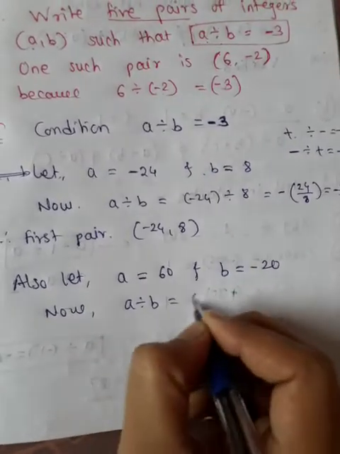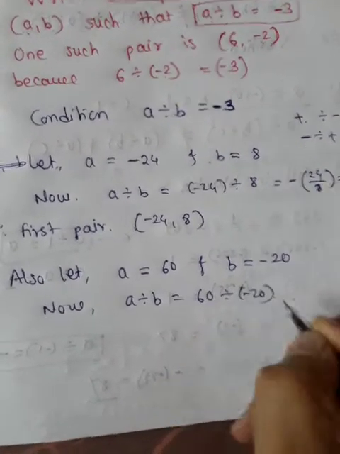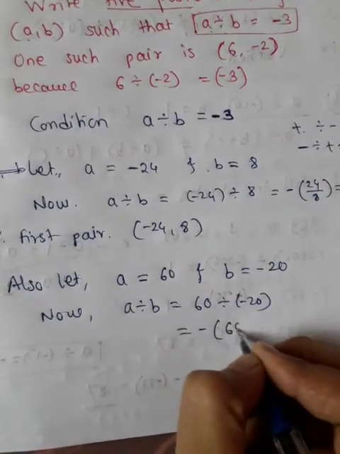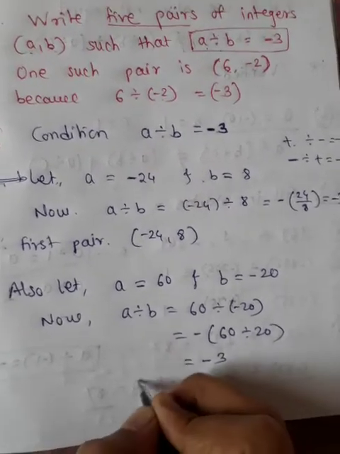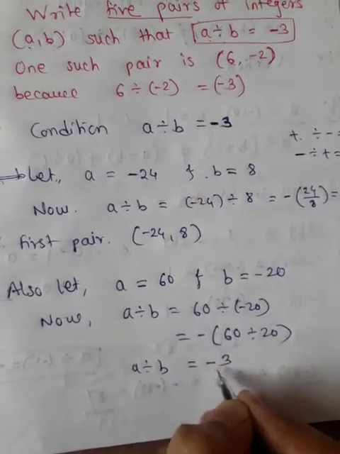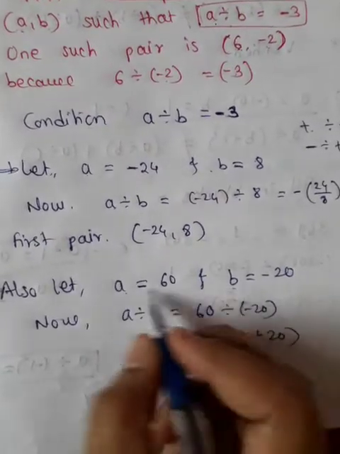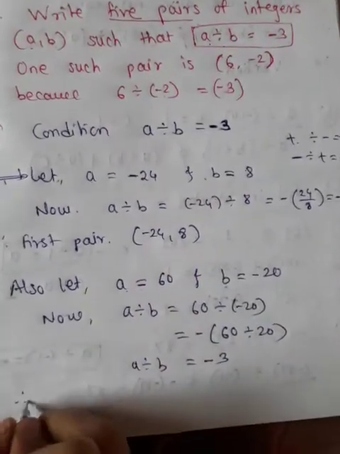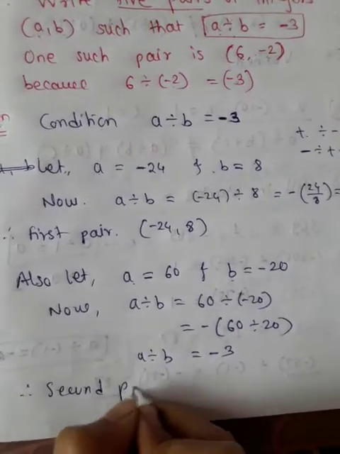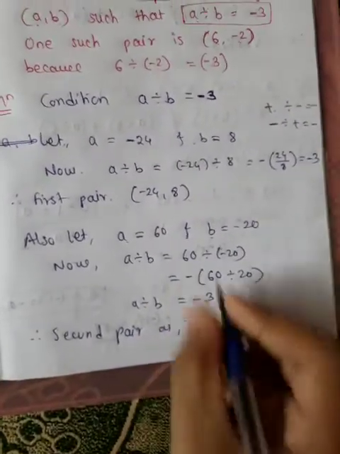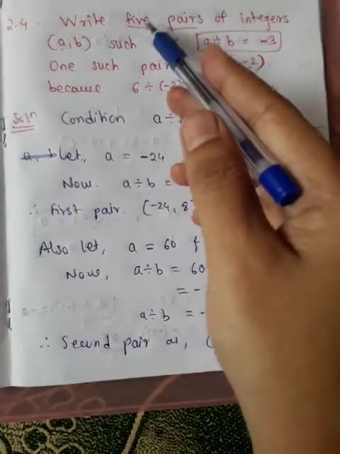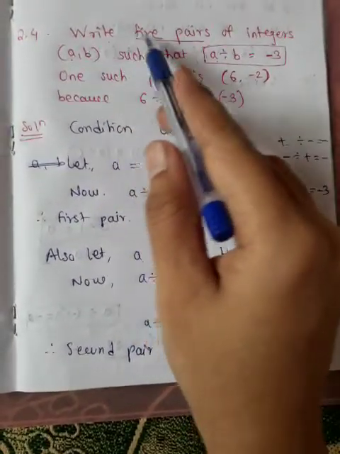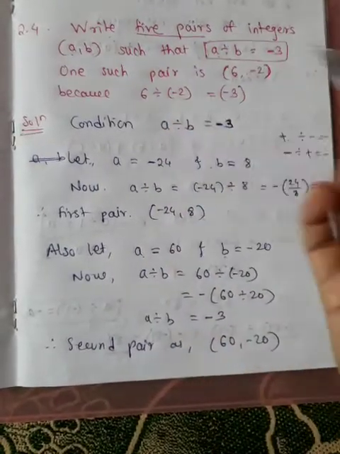A divided by B, that is 60 divided by minus 20, taking the minus sign outside, 60 divided by 20 with the minus sign as it is, is minus 3. So therefore A divided by B is minus 3, means this A and B satisfy the given condition. Therefore we got the second pair as 60 comma minus 20. Like this you can find other pairs also. Here they have said write 5 pairs, so the other 3 pairs you can write.